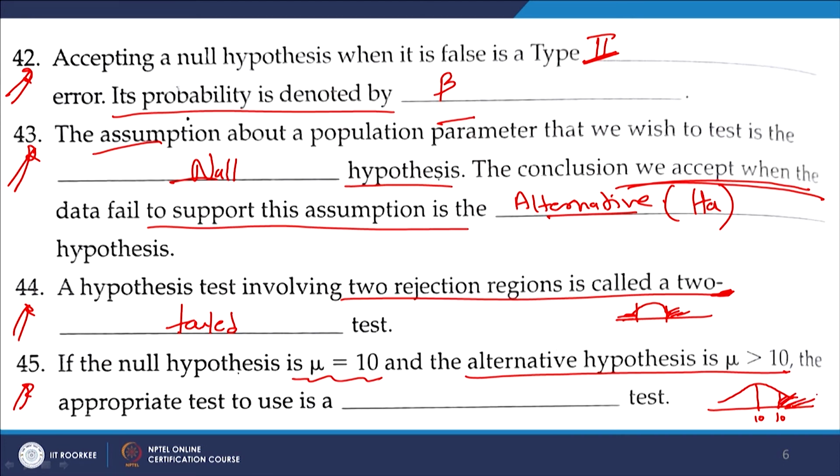This is your rejection area. This is a case of what type of tail? This is a one tail test. You can write the appropriate test to use is one tail test, or the more appropriate would be an upper tail test, or right tail test.